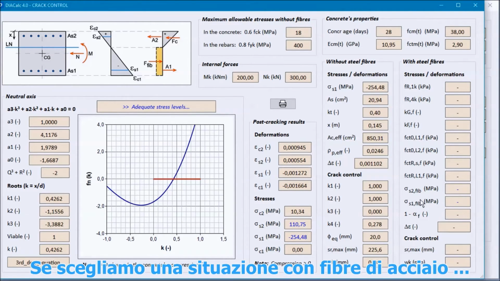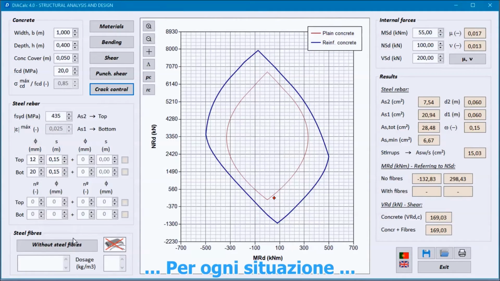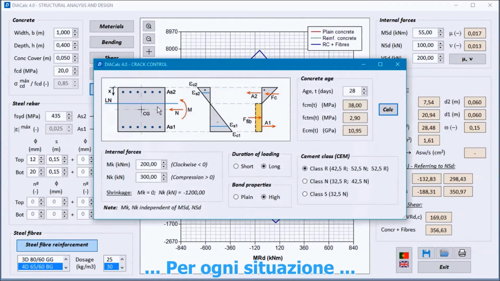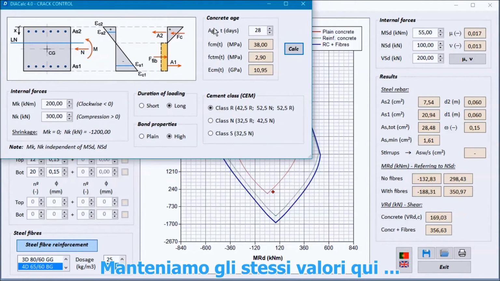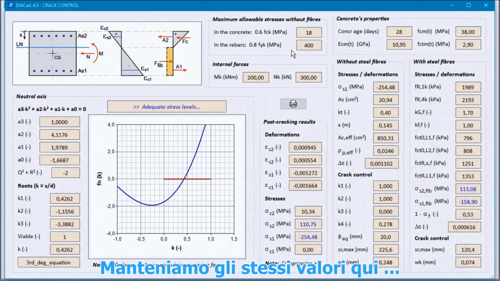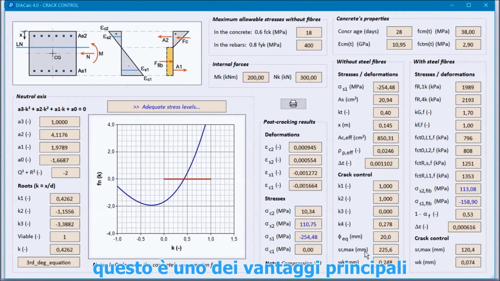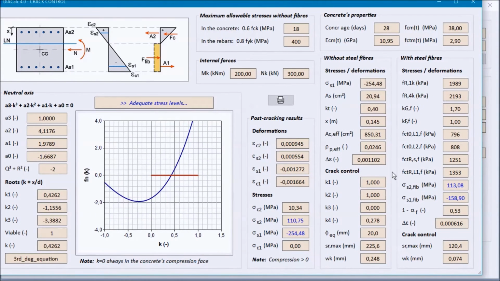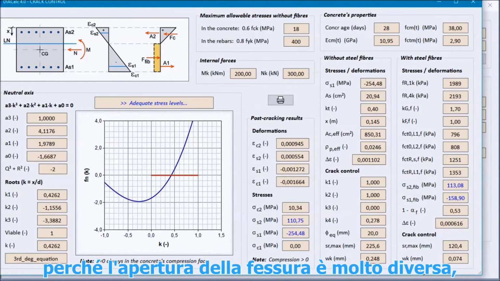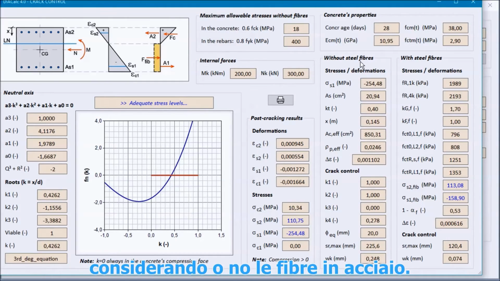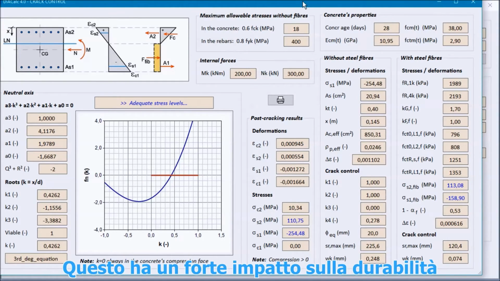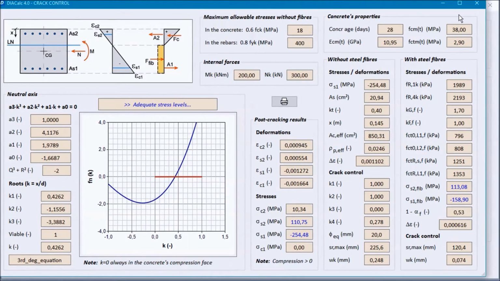If we choose a situation with steel fibers, let's keep the same values here. Okay, we can see the differences, and this is one of the major advantages of using steel fibers to reinforce concrete structures, because the crack opening is very different considering steel fibers or not. This has a major impact on durability, for instance.